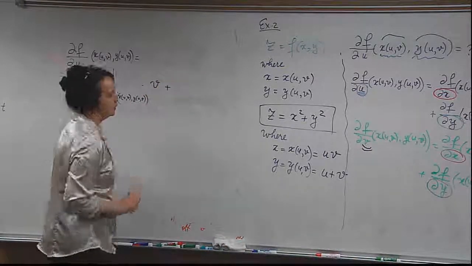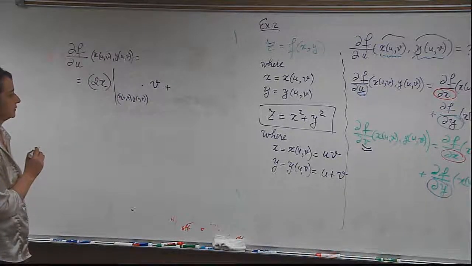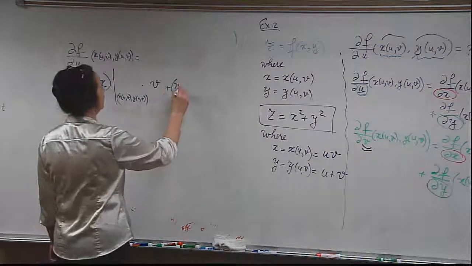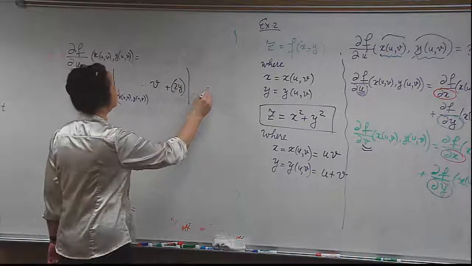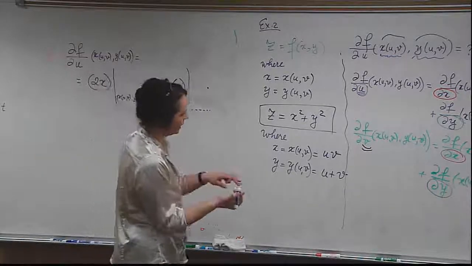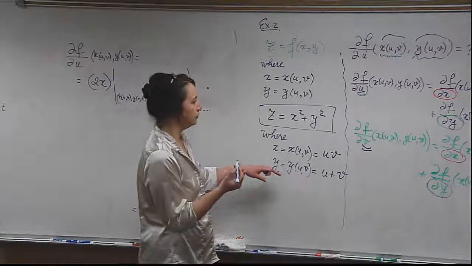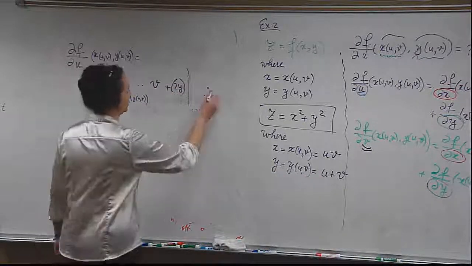Plus, the next term, who's gonna tell me what we have? 2y evaluated at, and look how lazy I am, times the derivative of y with respect to u. So you were right, because it's 1.